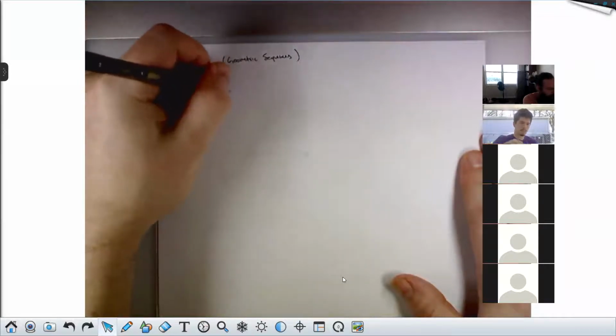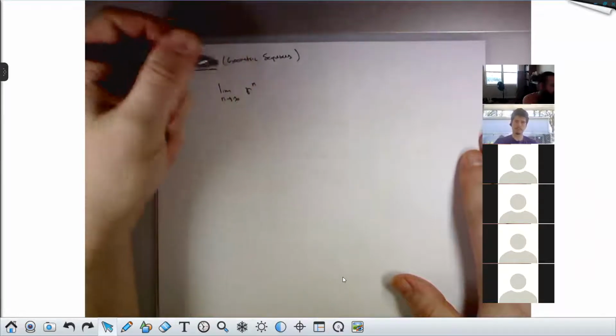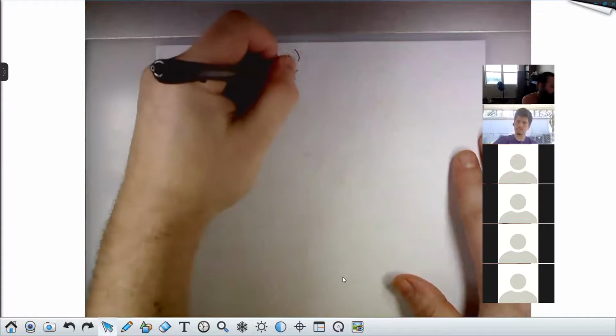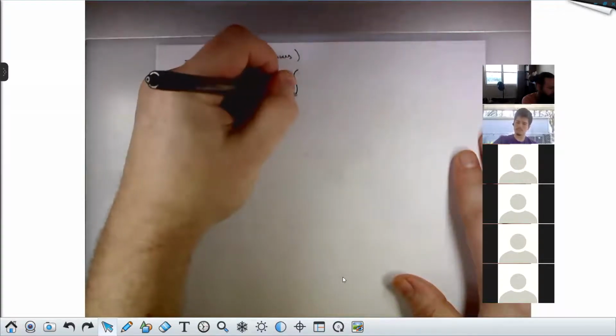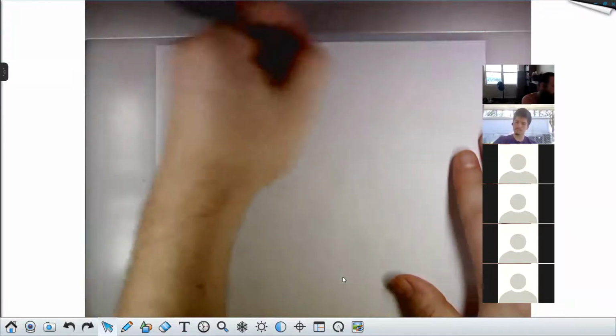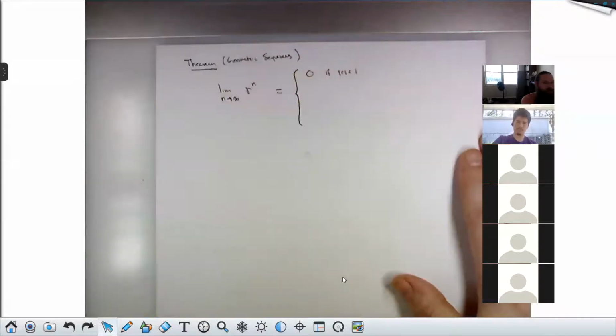The theorem says the limit as n goes to infinity of r to the n can be broken down into a few cases. It's equal to 0 if the absolute value of r is strictly less than 1.